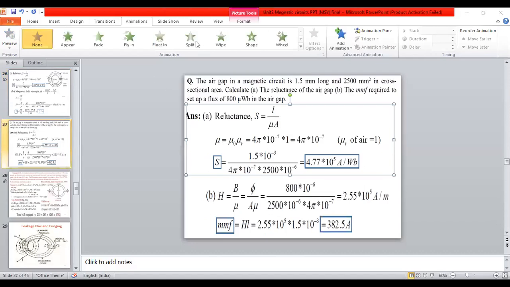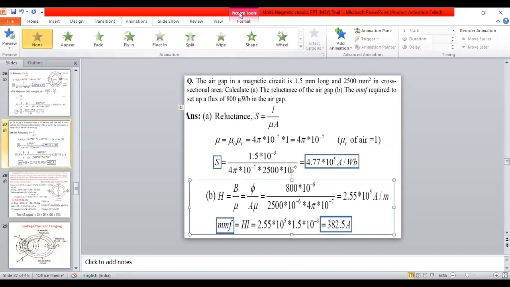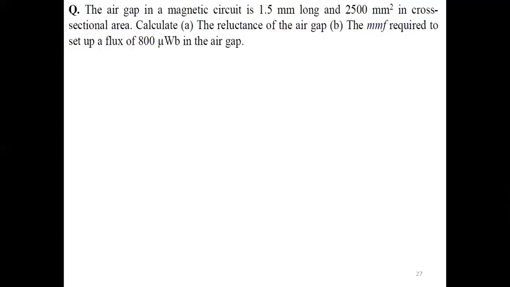Next problem. Take the problem and solve it. The air gap in a magnetic circuit is 1.5 mm long and 2500 millimeter square in cross sectional area.